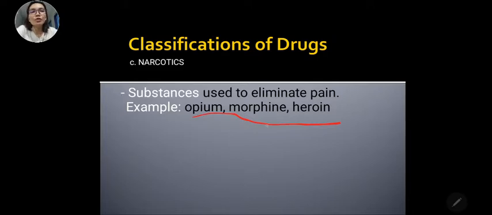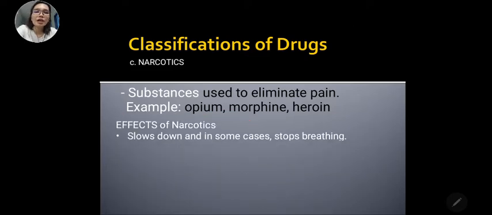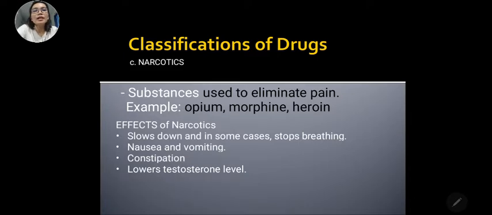So, merong pwedeng morphine, usually ginagamit sa hospitals. So, the effects: it slows down and in some cases stops breathing kapag nasobrahan, hindi tama yung pag-take. So, nausea and vomiting, constipation, and it lowers the testosterone levels.